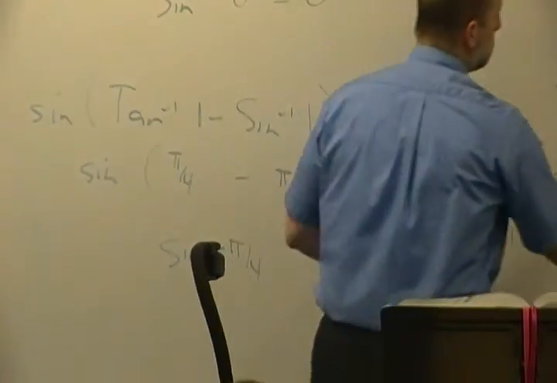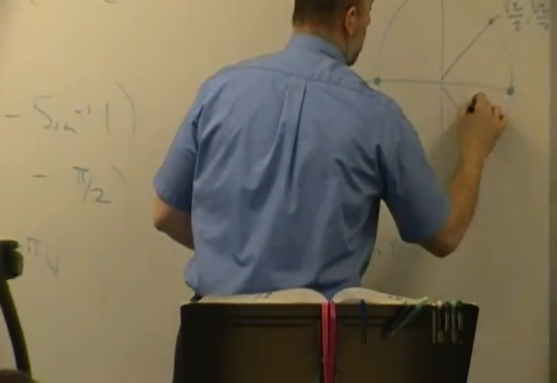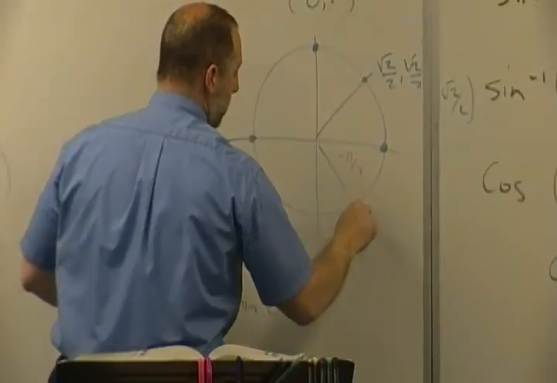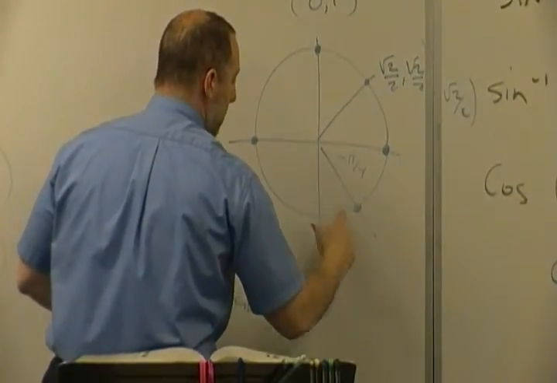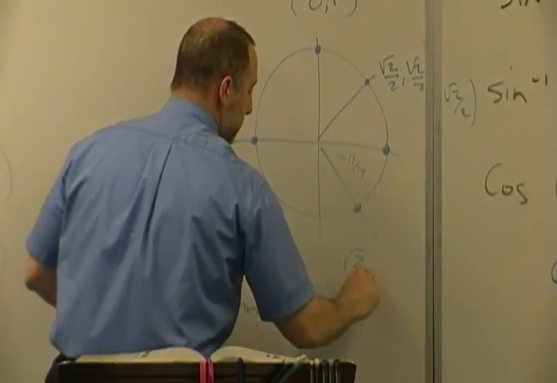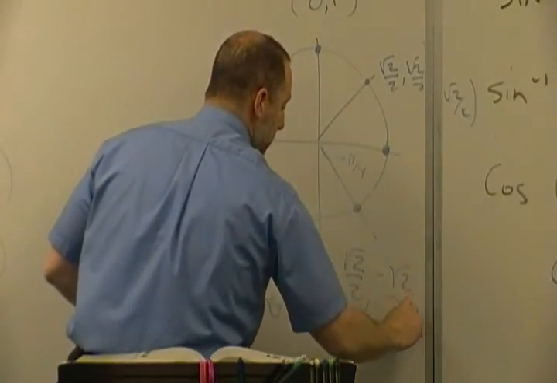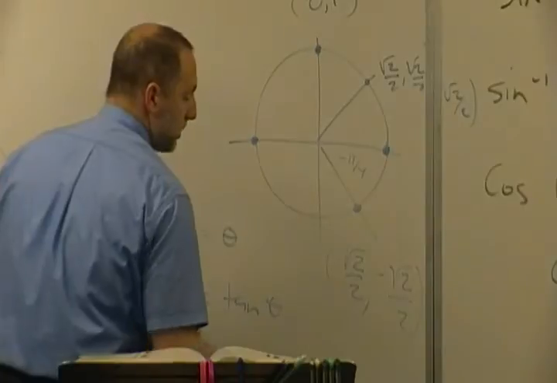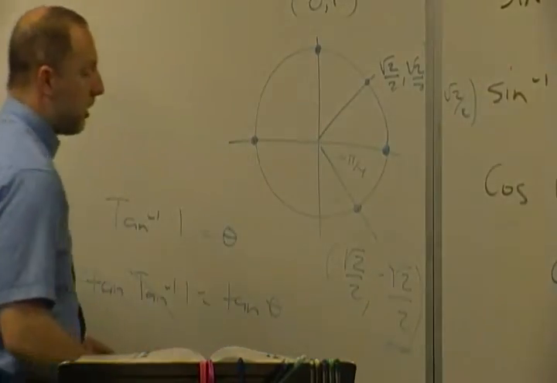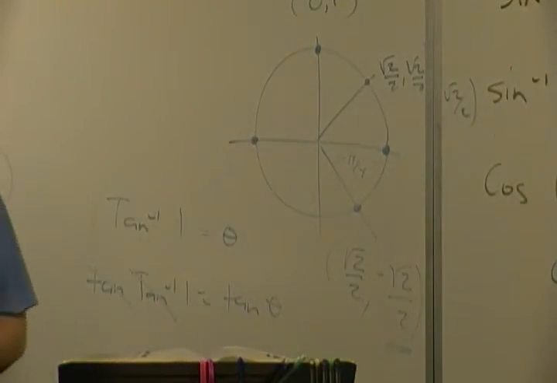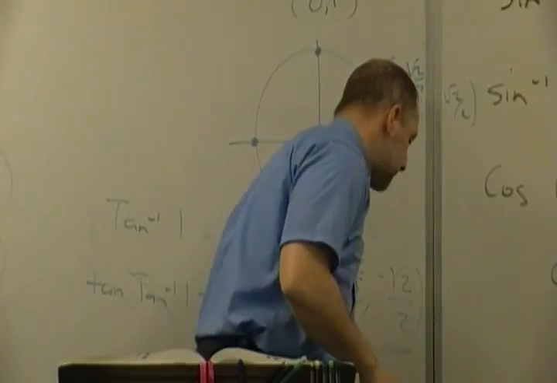We're down here. This is negative pi over 4. It's a 45-degree angle. The x value of that point is still positive, the square root of 2 over 2. But now the y value is negative, negative root 2 over 2. And on a unit circle, the y values are our sine values. So the answer is negative square root of 2 over 2. Good? Okay. And we got one more that's just a tad harder.